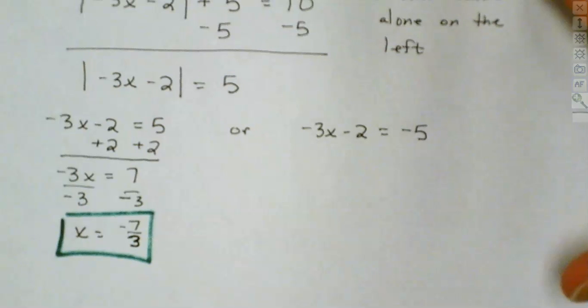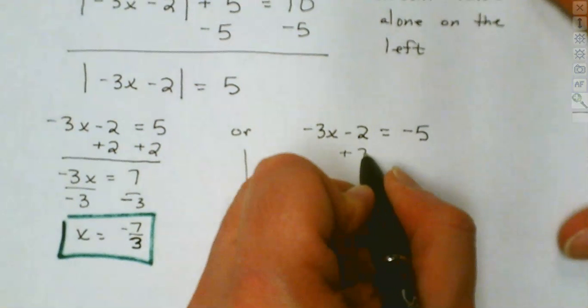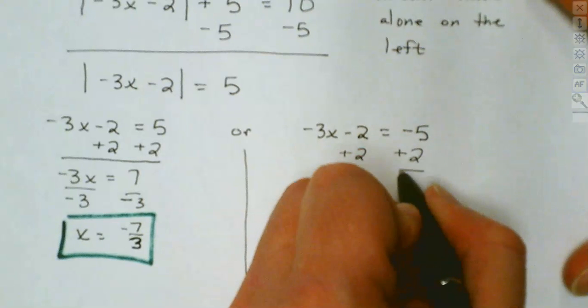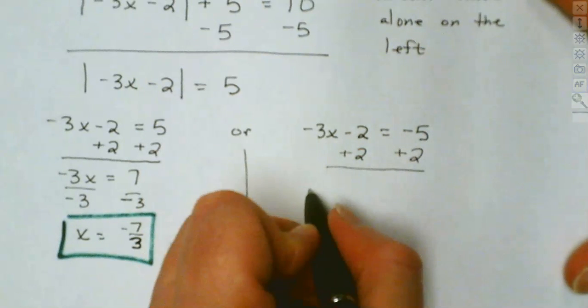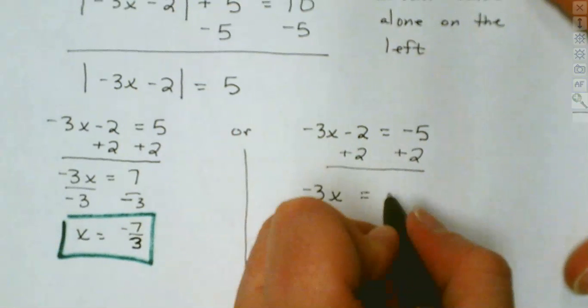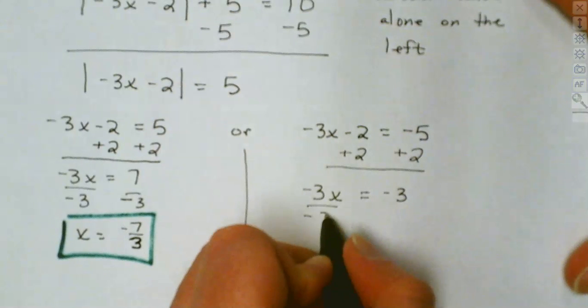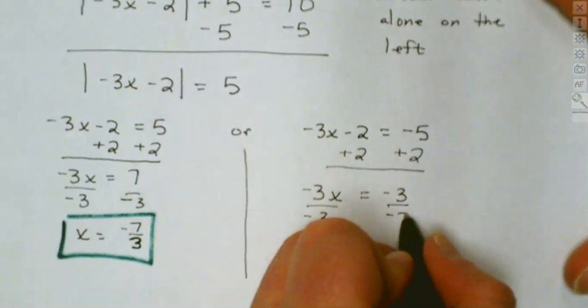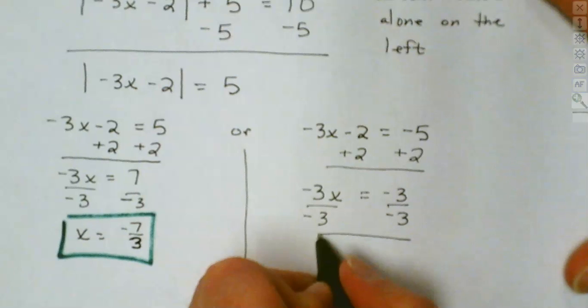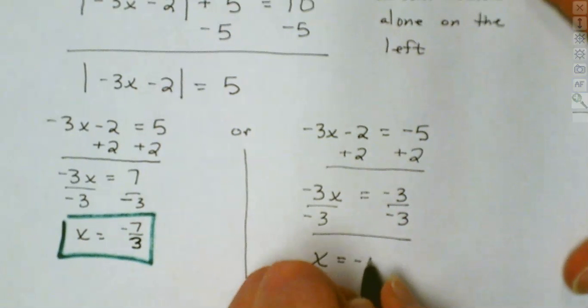Then we repeat the process to get the other one. So add your 2 again. And then we've got minus 3x equals a minus 3. Divide by your negative 3. And that gives you x equals now negative 1.